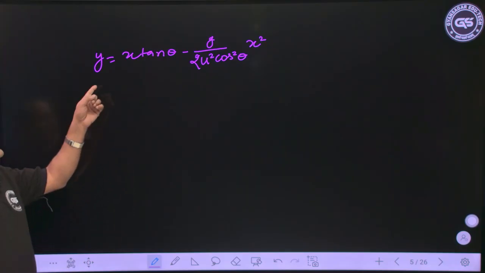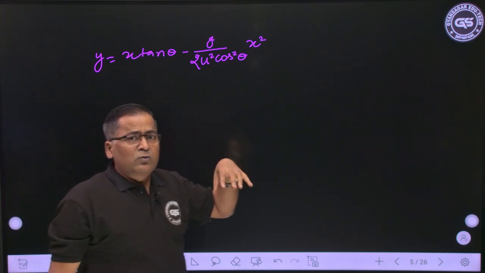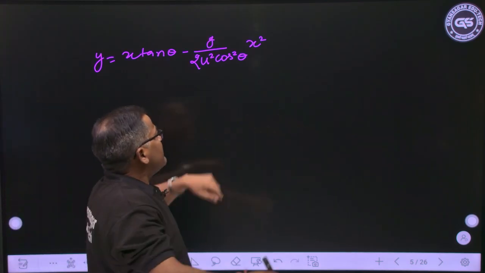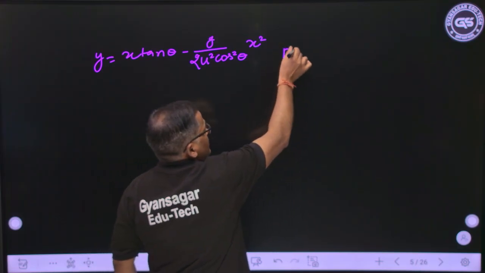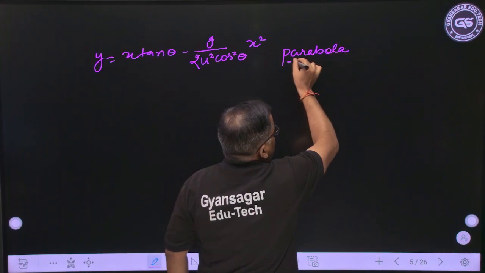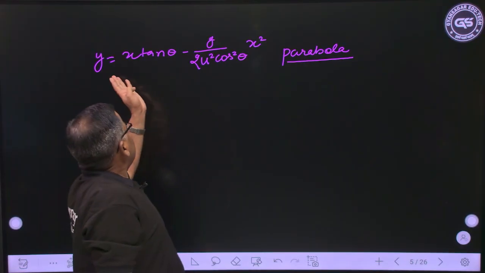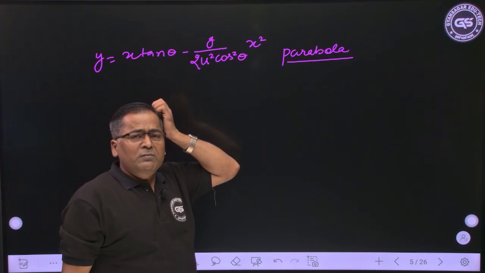So this is the equation of the path on which the body moves. This is a parabola actually. The body takes a parabolic path and x coordinate and y coordinate can be found from this equation.